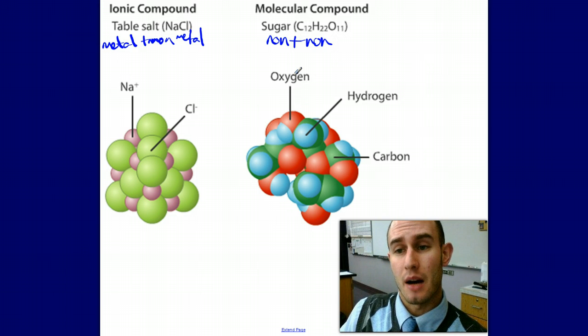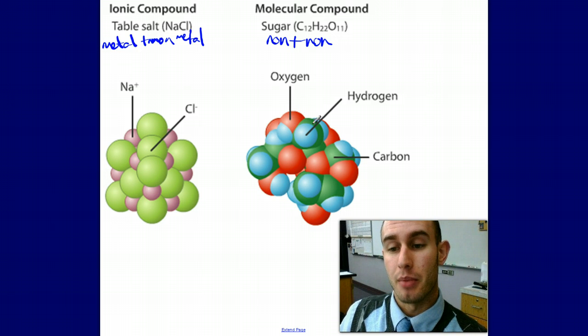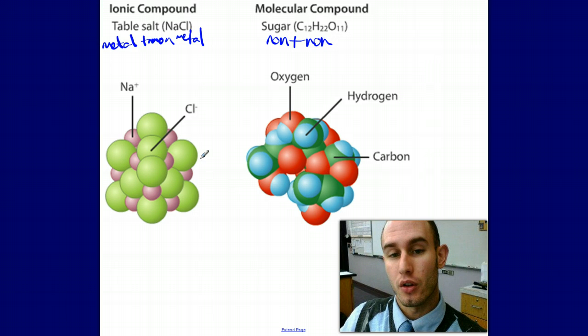Here's a molecular compound where you have many, many different small parts that are going to be bonded together to form a large molecule. Ionic compounds, however, form more in a crystalline structure, which we're going to talk about on the next slide, where we have specific atoms in specific places with our positives and our negatives attracting to form these bonds.